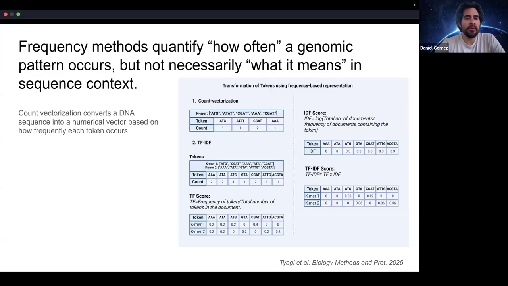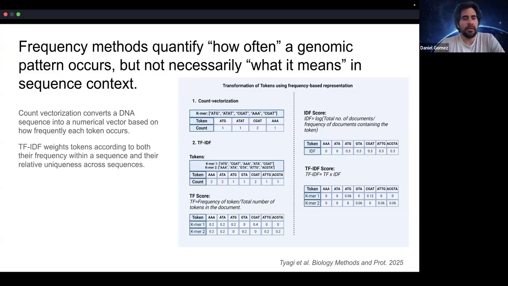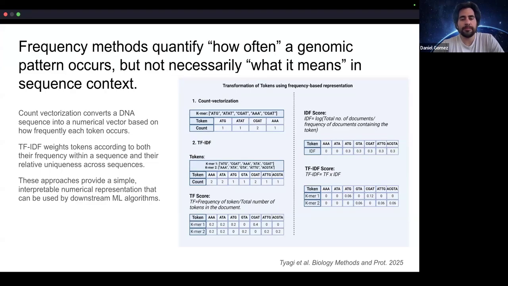All right, so count vectorization converts a DNA sequence into a numerical vector based on how frequently each token occurs. TF-IDF weights tokens according to both their frequency within a sequence and their relative uniqueness across sequences. These approaches provide interpretable numerical representations that can be used downstream in ML algorithms.